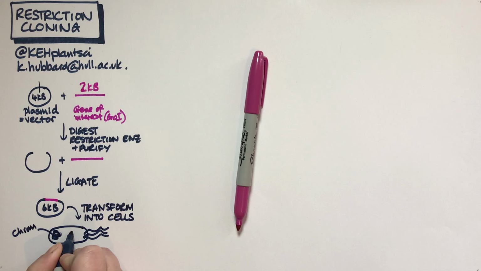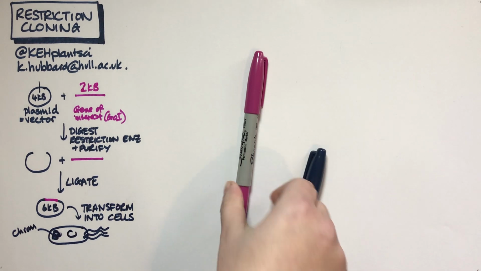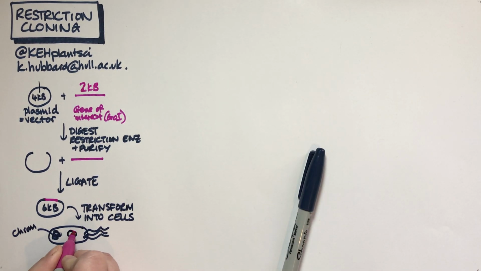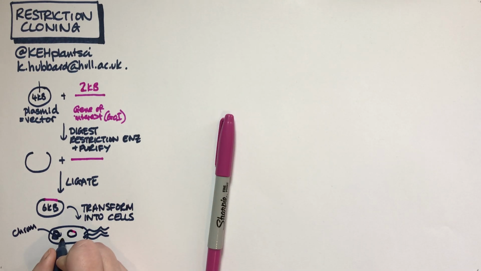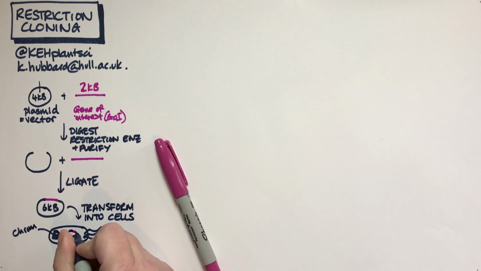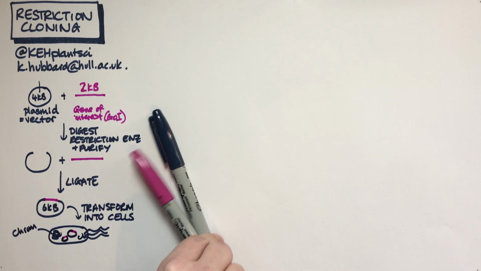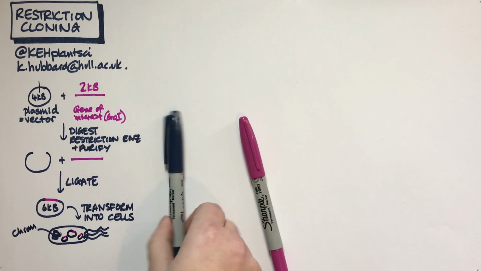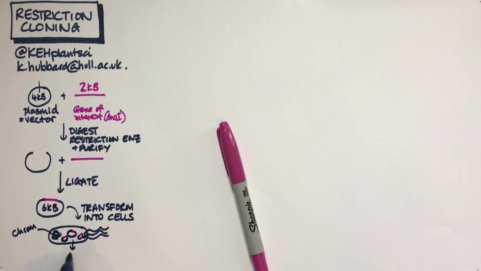So we put the plasmid into the cells, and the bacteria will start to copy it. So we've got multiple copies of that plasmid. And then we can extract the plasmid and verify it. We might sequence it, for example, to check that it's right.